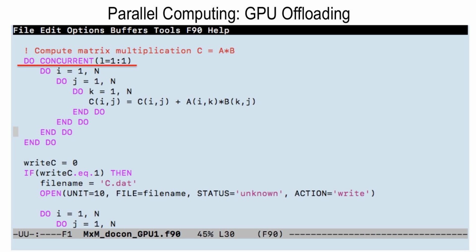Essentially, we'll create a single do concurrent loop over the triple nested do loop for matrix multiplication. This do concurrent loop runs only once, leaving the GPU offloading to be handled by the NVFortran compiler. It's worth noting that this program maintains the original loop sequence of I, J, and K. We'll save this version of the program with a file ending equal to 1.